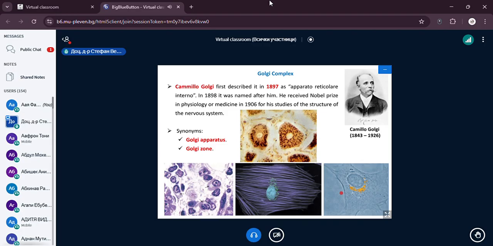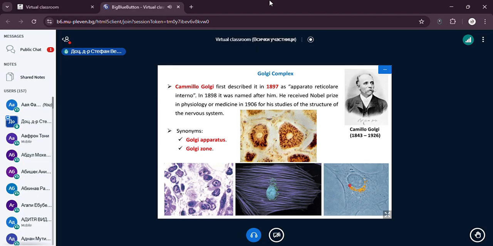And here in this cell, which is alive, in the culture media, a special dye which has orange color was introduced, and this special dye is accumulated in the Golgi apparatus.